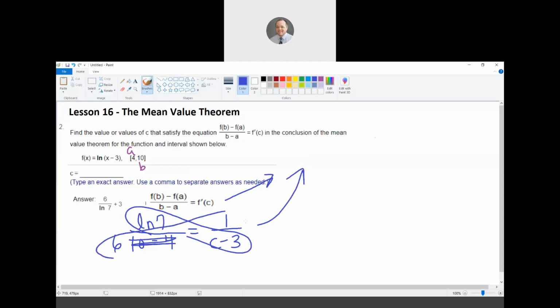We have a proportion, so let's cross multiply. So we have c minus 3 times natural log of 7 equal to 6. Now, to make finding c a little bit easier for us, let's divide both sides by natural log of 7.